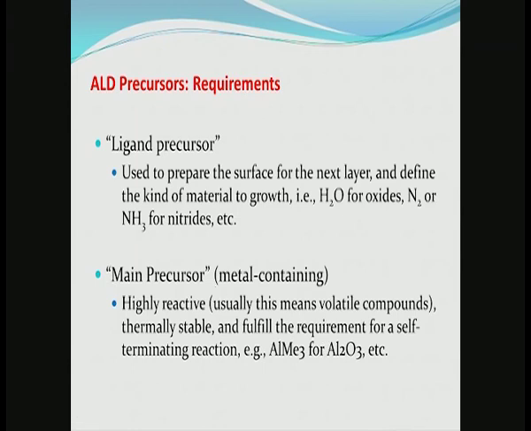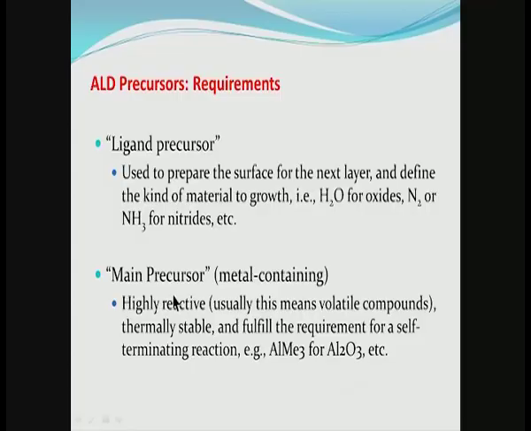For example, trimethyl aluminum that we came across, and generally one wants to choose a considerably reactive and significantly volatile compound of a given metal as the ALD precursor, that is also stable, that is, it does not decompose at the temperature of the substrate.